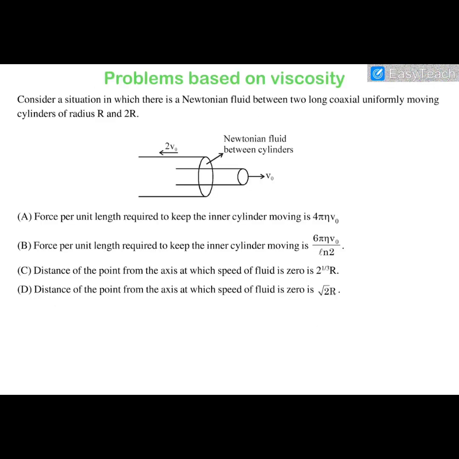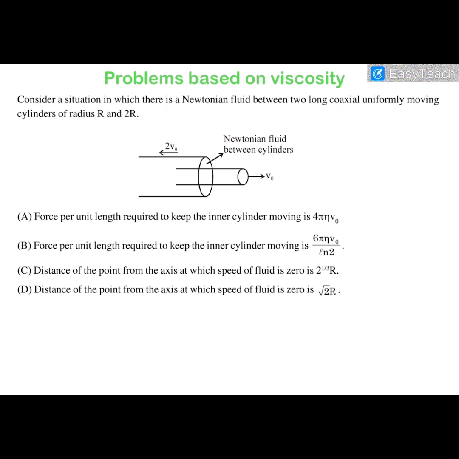In this question, you can see that there is a hollow cylindrical pipe which is filled with a Newtonian fluid, and there is another coaxial cylinder of radius small r, capital R, and the radius of the pipe is 2r. The velocity of the hollow cylindrical pipe is 2v0 in the backward direction, and the velocity of this inner cylinder is V0 in the front direction.